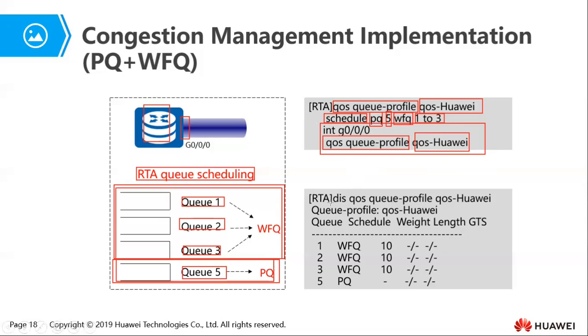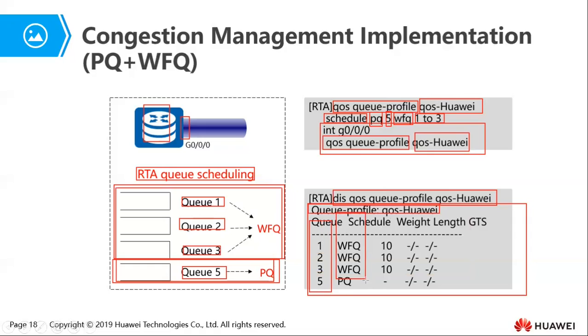With that, if we use the display command, display qos queue-profile, then the name of the queue we just created, qos-huawei, we should be able to see these details: the name of the queue, the queue number, the scheduling algorithm we are using, the weight of each queue, and other details.